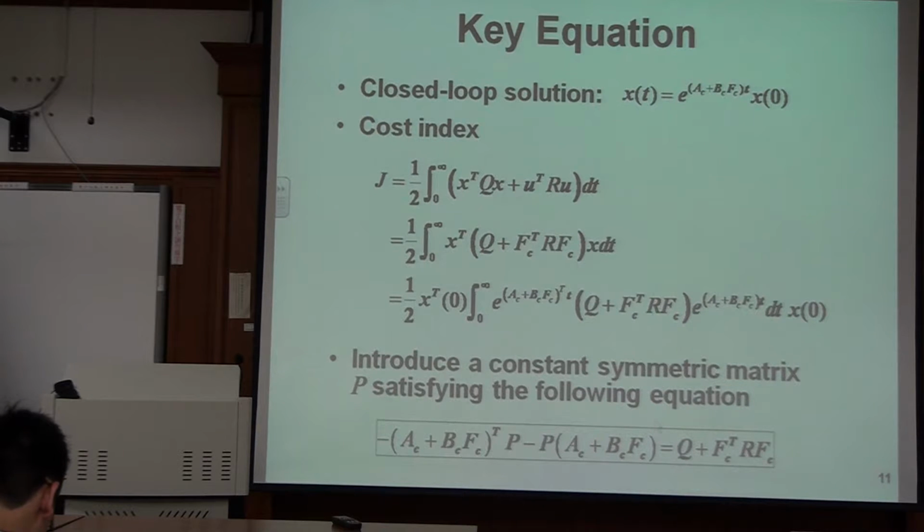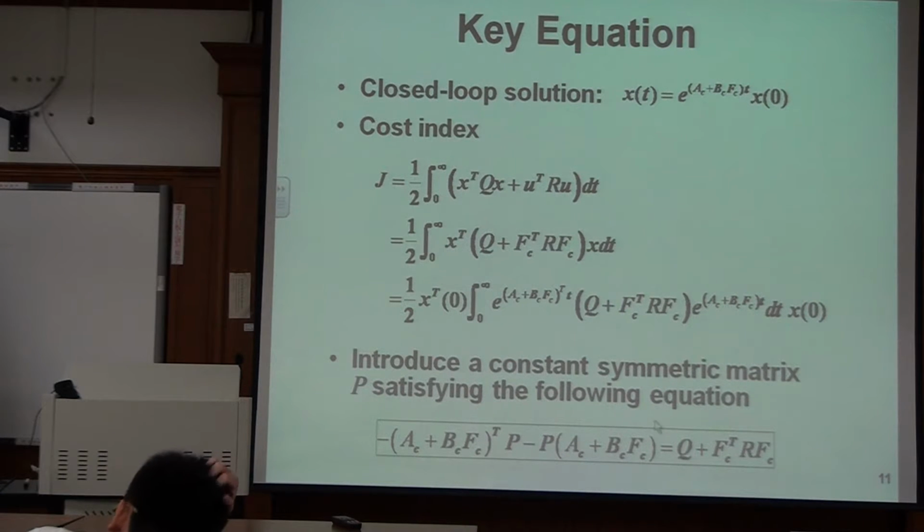Given AC, BC, Q, and R, we want to solve for FC such that partial J over partial FC equals 0. That's what we want to do.